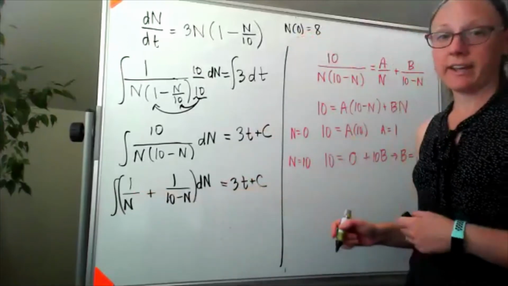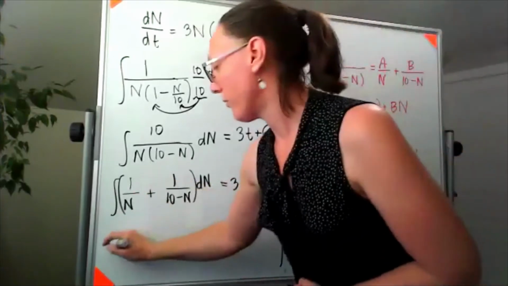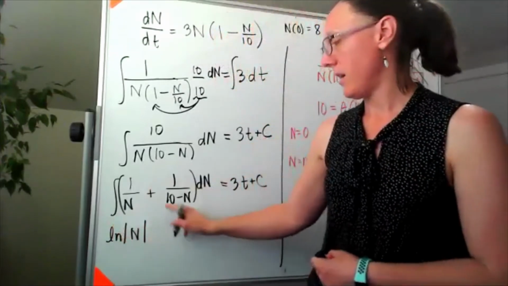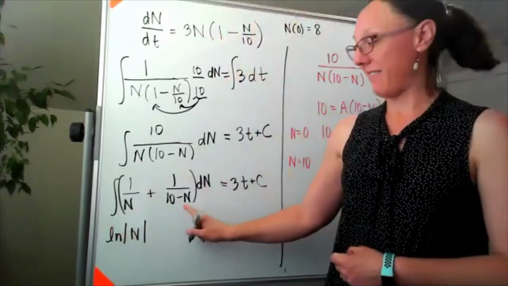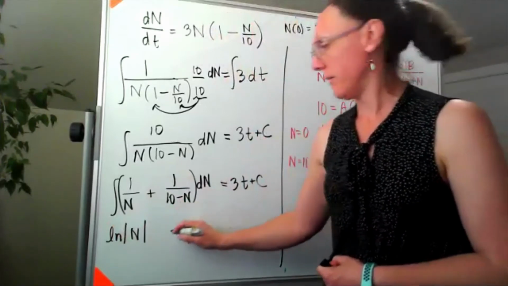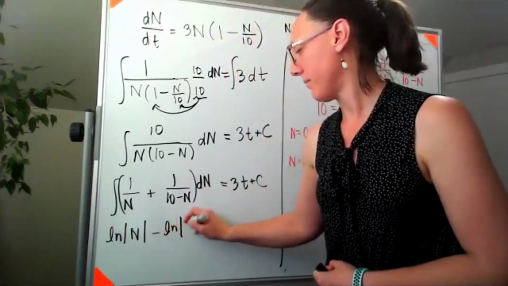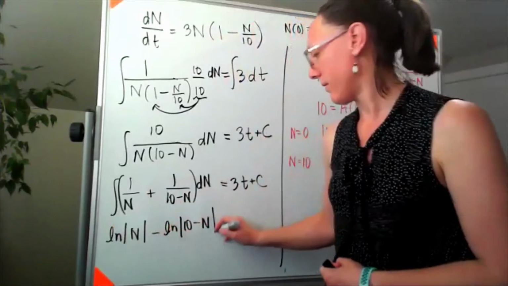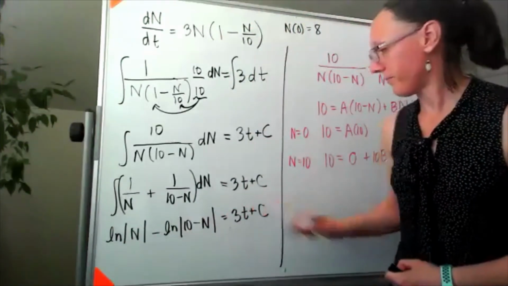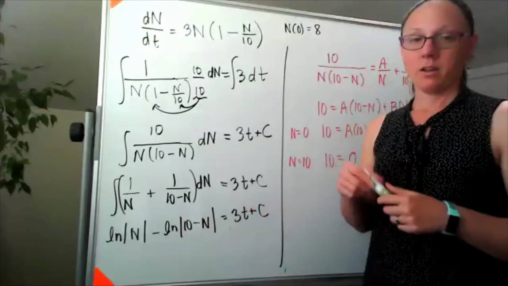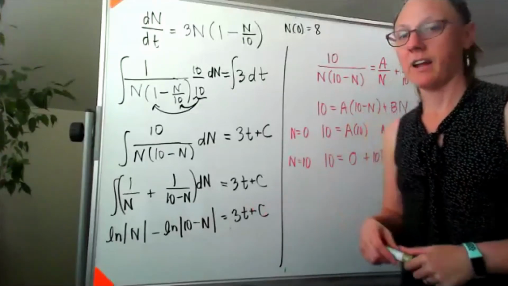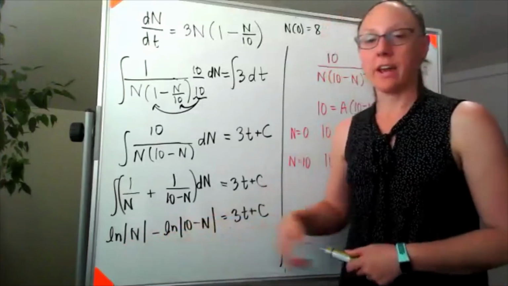And now, integrating over here, 1 over n, that's going to become ln, natural log of n. Integrating this, I will have a negative ln of 10 minus n. We're going to take one more step to simplify this here and combine these two natural logs.